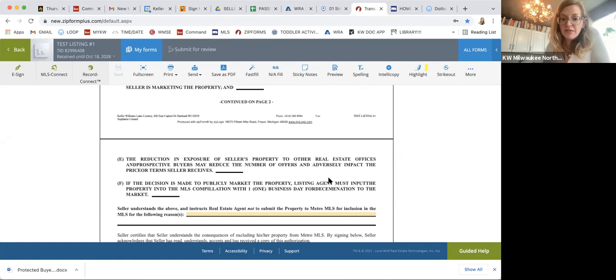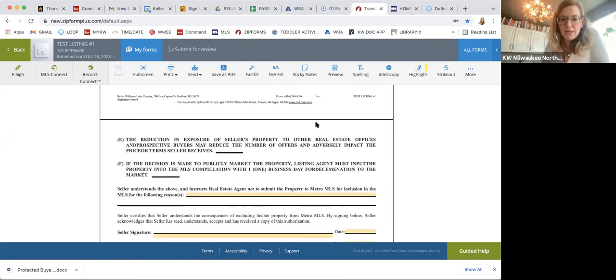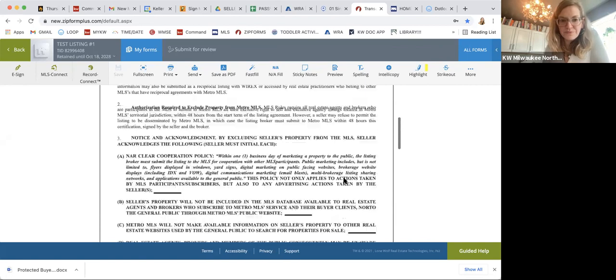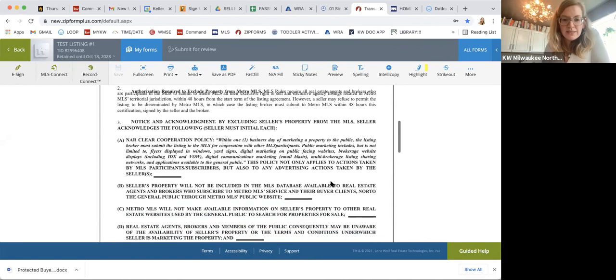Reduction in exposure of the seller's property to other real estate offices may reduce the number of offers. So these are all kind of warning statements to the seller. You know, ultimately, MLS wants your property on the market, right? So it's just the seller needs to understand what they're potentially missing out on by not being out on the market.